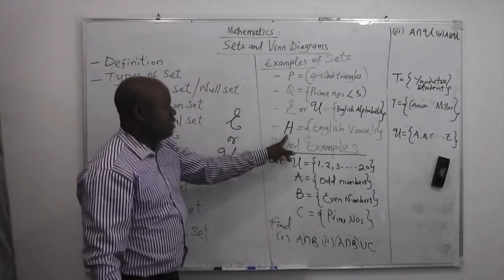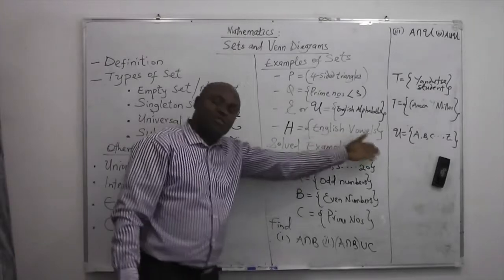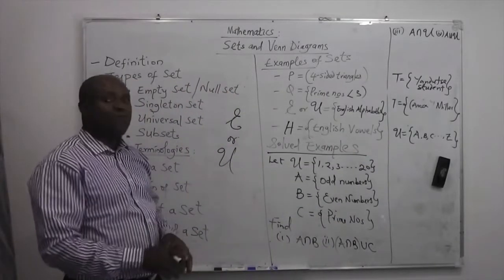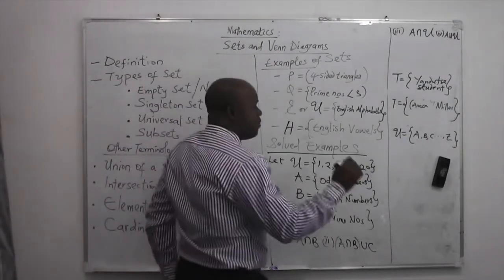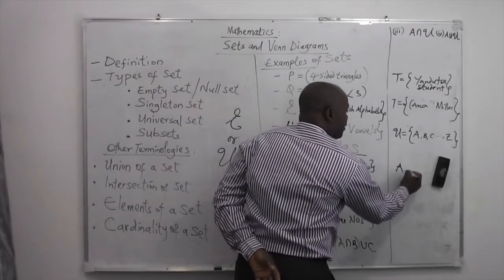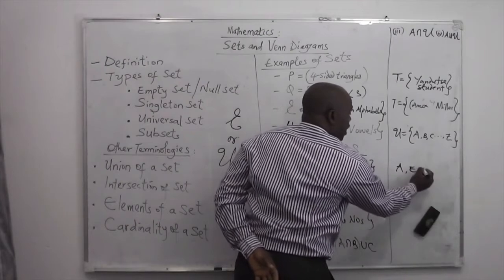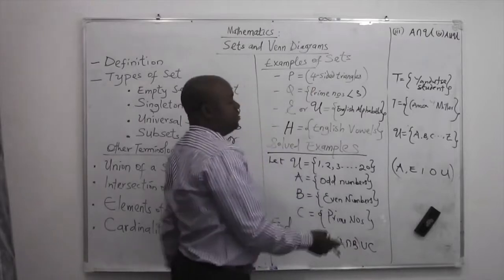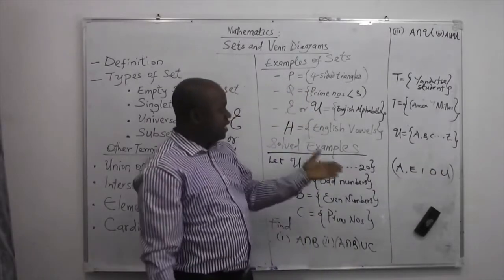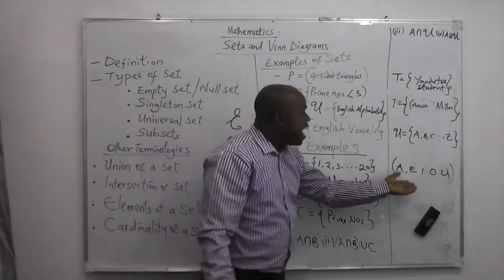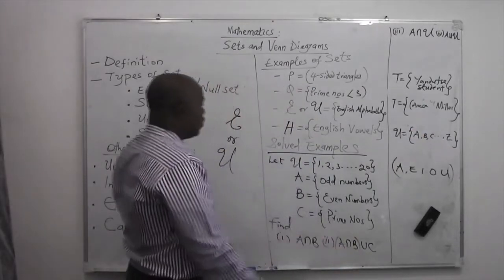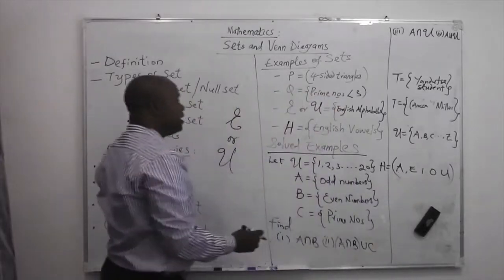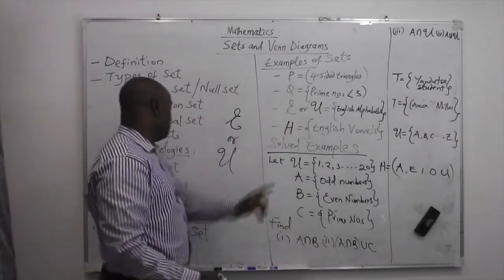So let's say H is equal to English vowels. Remember, I'm not talking about vowel sounds, vowels. How many vowels do we have in English? We have the A, we have the E, we have the what? I, O, and the what? U. If you check these 5 vowels in the English alphabet, they are part of the universal set. So H now is nothing but this, telling us that H is a subset of U.